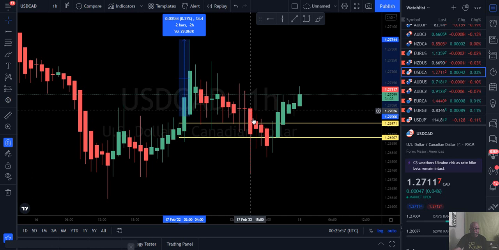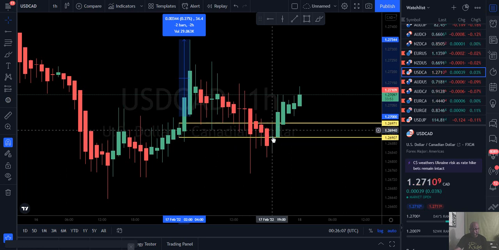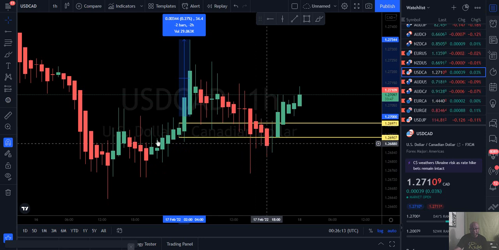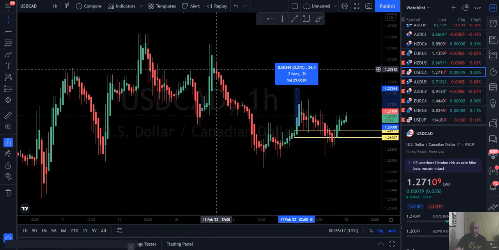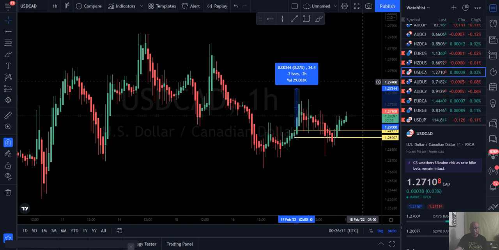So I wouldn't have gotten in here, even though this closed outside. When you saw that this was coming down, then it started to reverse back up, I'd have jumped out quick, because 9 times out of 10, it was going to break through the box. I mean, it could have gone up and hit and come back down, but if you look back over the way this was a downtrend, then it started reversing anyway, so this is starting to be an uptrend.